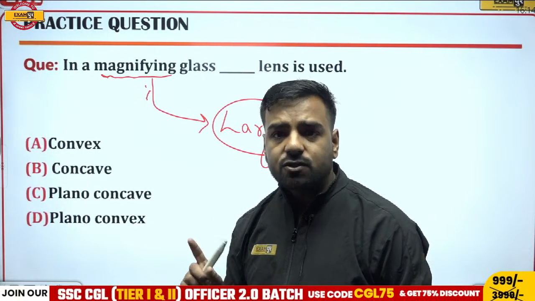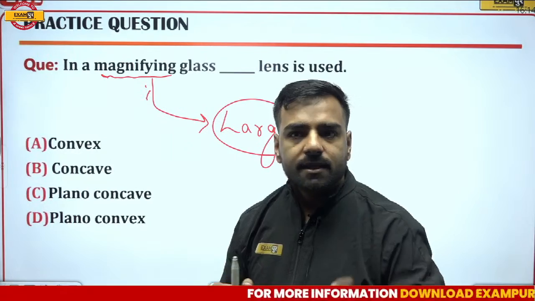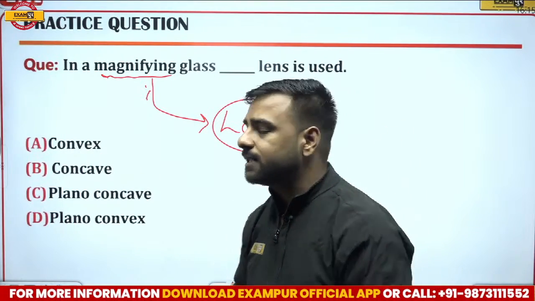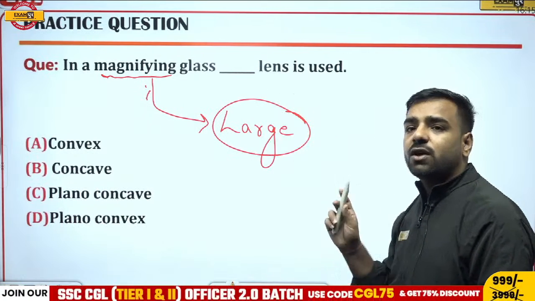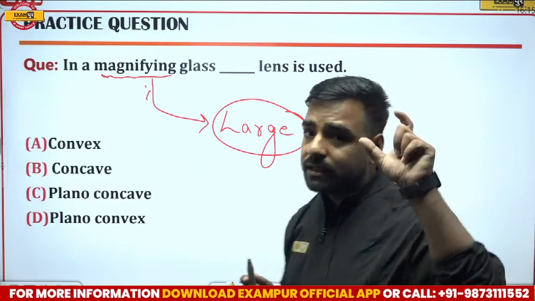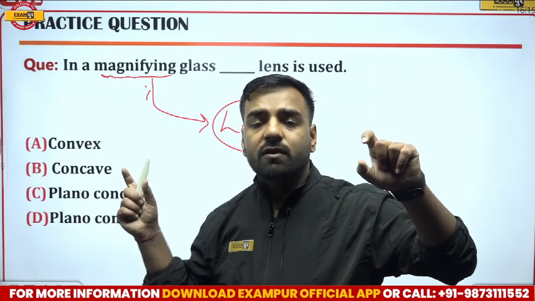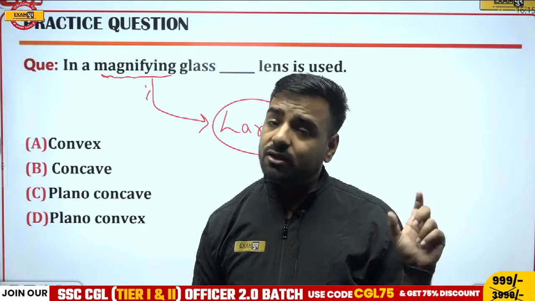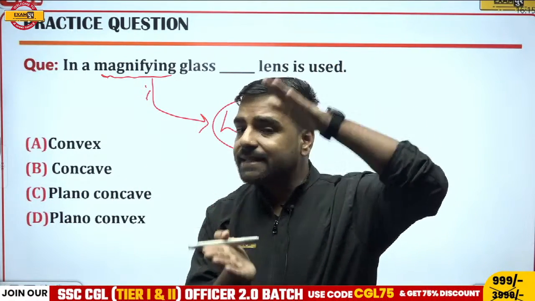And remember, I have just told you about the mirror. That was not lens. Mirror's logic and lens logic would be totally different. In the convex mirror, the size was getting smaller. But here, with the convex lens, the size will be getting larger. There, the concave mirror was giving the size in the larger shape.